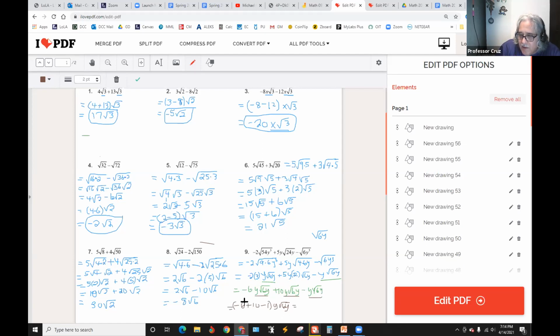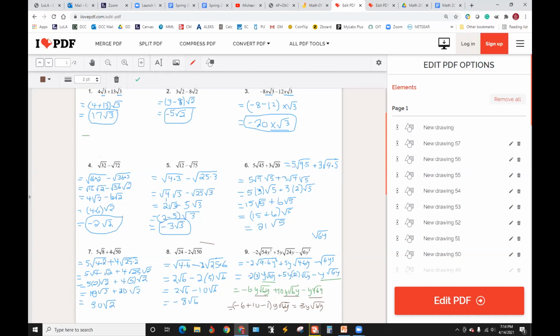So that's negative 7 plus 10, which is 3 positive y square roots of 6y. Does that look good? Yep, that's what I got. All right. Same here.